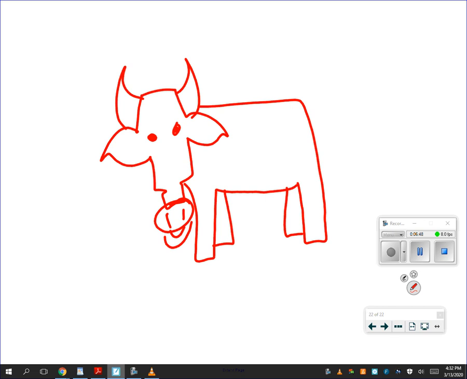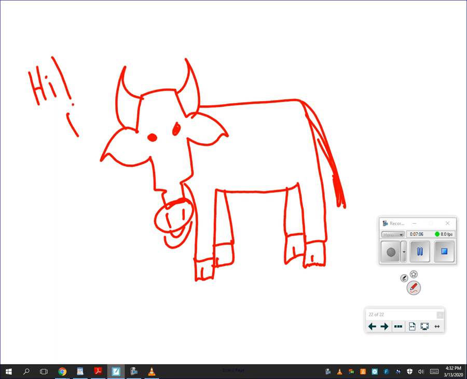And it's happy. He's a happy cow. I don't know why you'd be happy if you're a hopeless cow. But there we go. Tail's very important. And there's a cow, and he says, because my cows can speak.